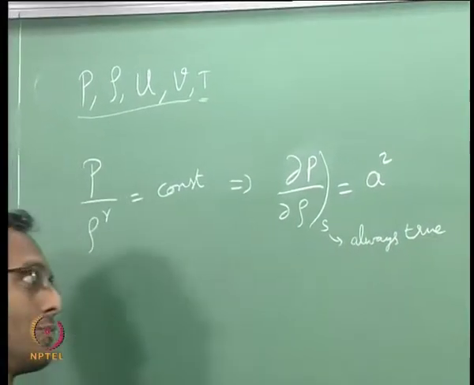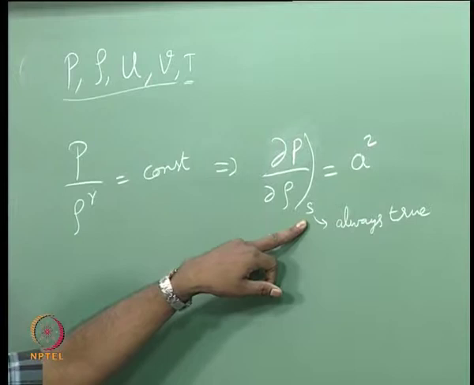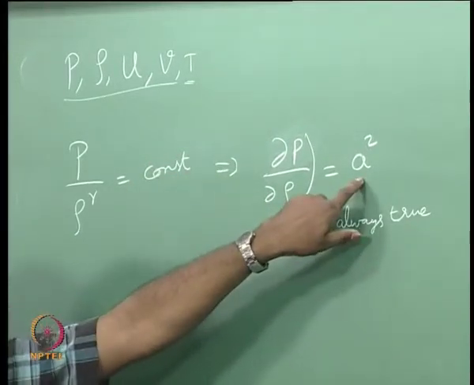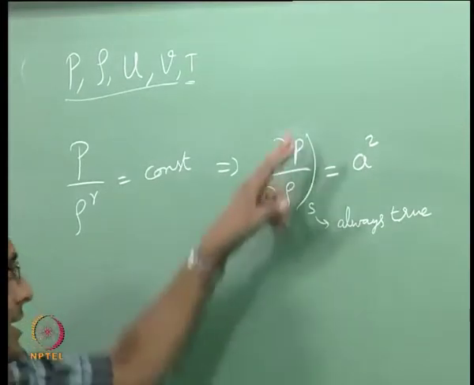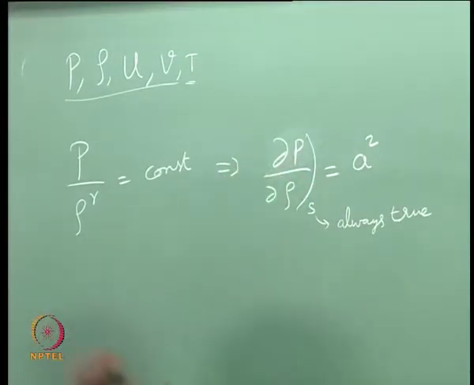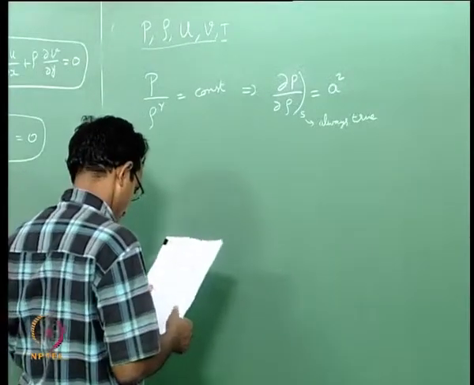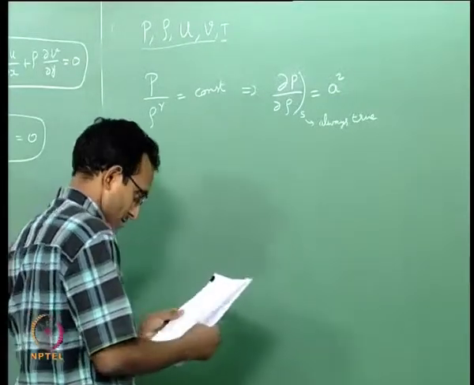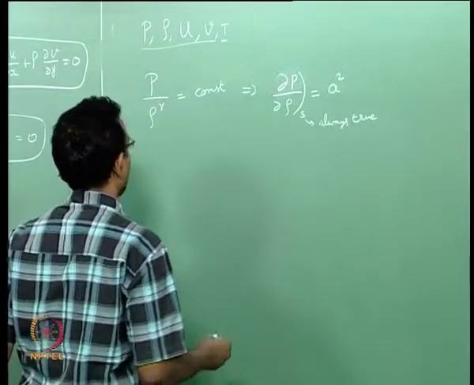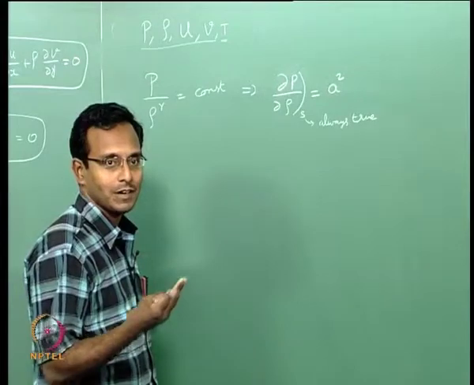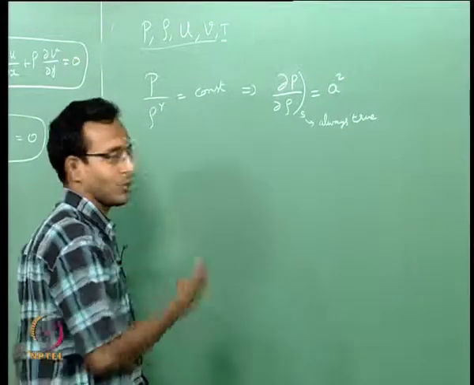This is always true. Why? We have isentropic flow, so for us ∂p/∂rho is equal to a squared. I do not need to say only at constant entropy. Our case is fully isentropic flow, so it is always constant entropy. So, I have 4 equations. What are the 4 equations? Mass, 2 momentum equations, and one isentropic relation.